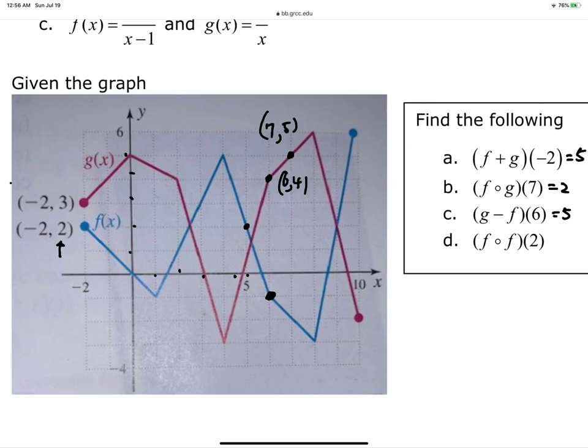All right, last one, f circle f of 2. By definition, this is f of f of 2. So what is f of 2? f is blue, and f of 2 is 1.